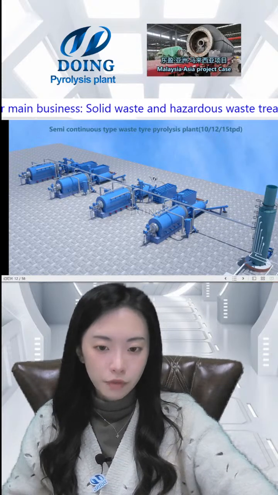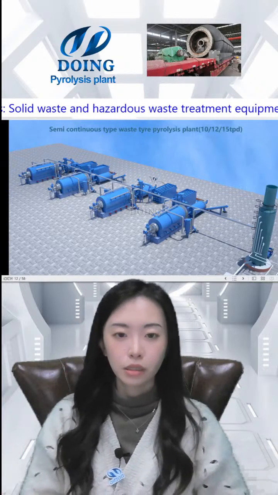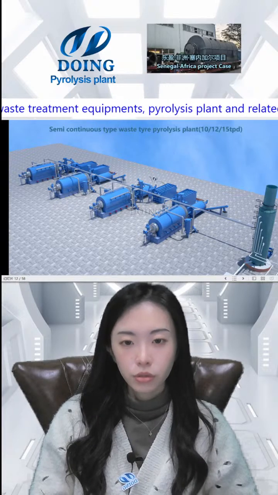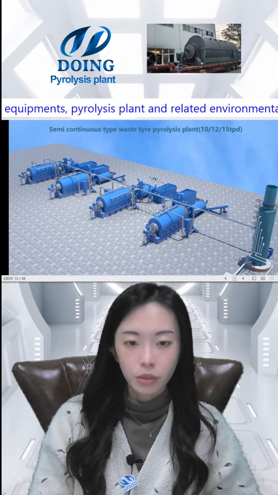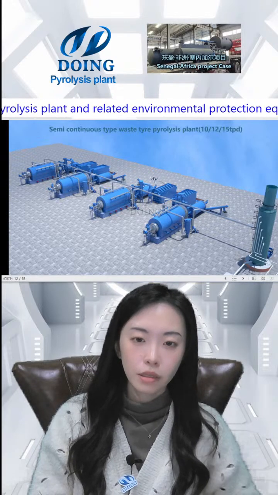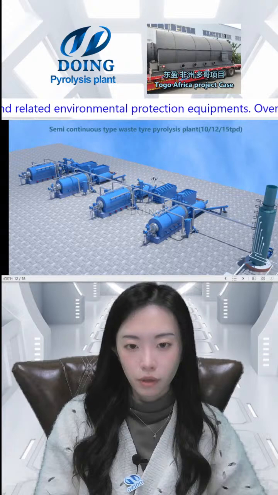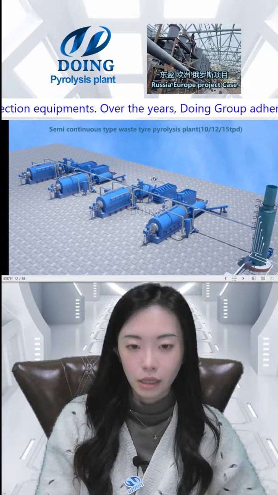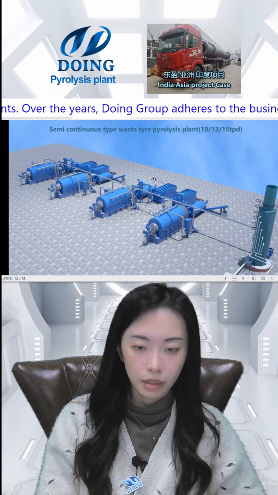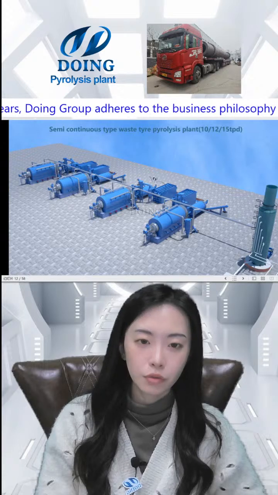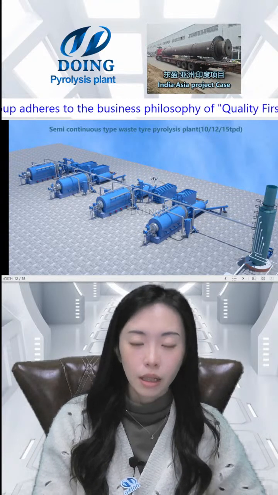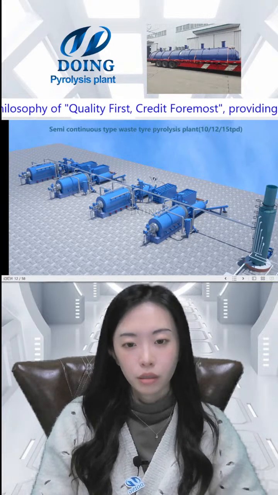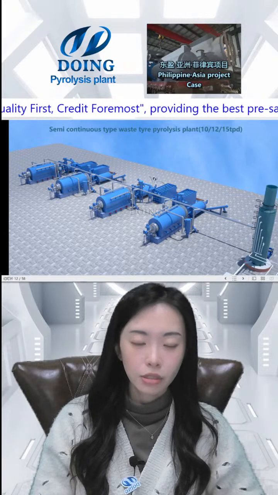There are some differences from the batch type, except that it can discharge the carbon black at high temperature. It also needs you to crush your raw materials, because if you feed the raw material and discharge at the same time, it will release gas and some oxygen will go inside. So we need to crush it into smaller particles, like crushing the waste tire to 16 to 18 mesh rubber powder.